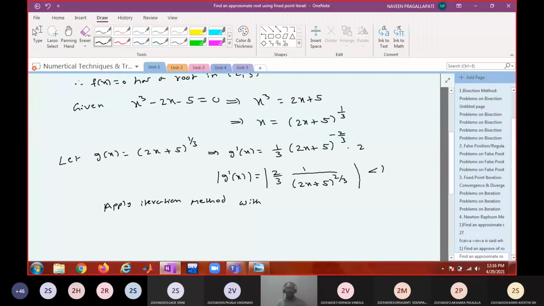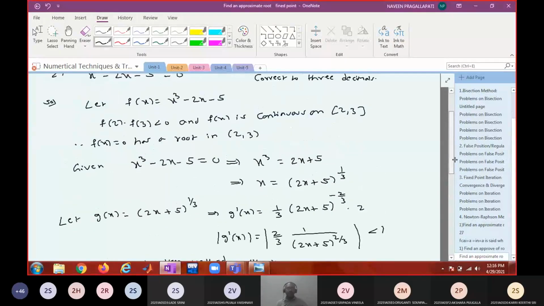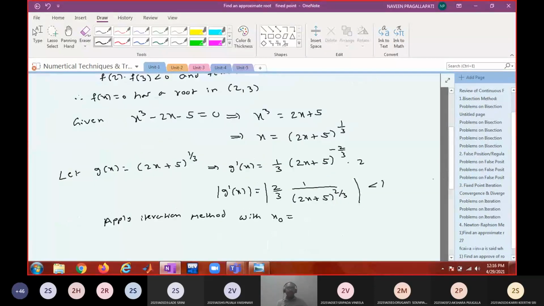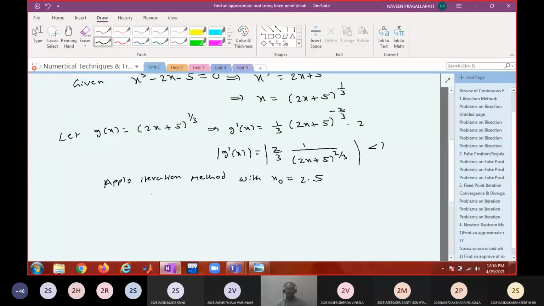With what shall we take x naught? Shall we go with 2.5 by default? Yes, sir. Okay, so please generate the sequence.